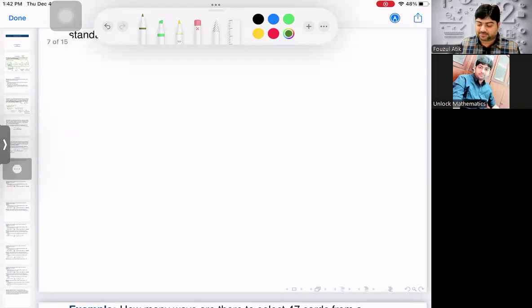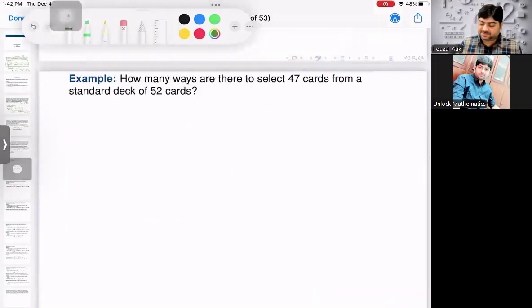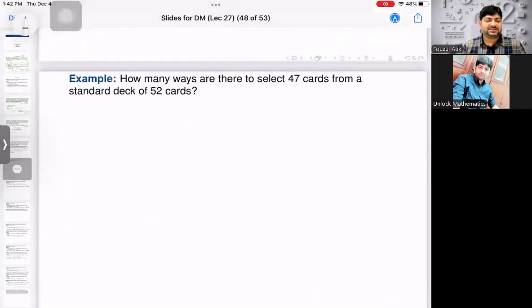Now let us do this example. How many ways are there to select 47 cards from a standard deck of 52 cards? Very simple question. There is no arrangement, it's just a selection of 47 cards from 52 cards. How many ways can you do it?